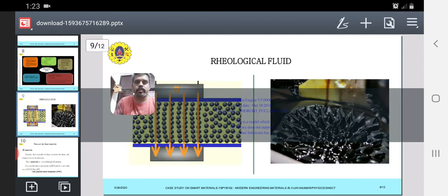The next one is rheological fluids. You know that micro robotics is similar to liquid robotics. What is liquid robotics? The liquid forms shapes like a flower or other triangle formations; that is liquid robotics.